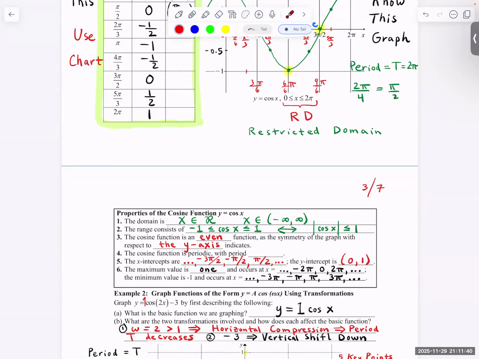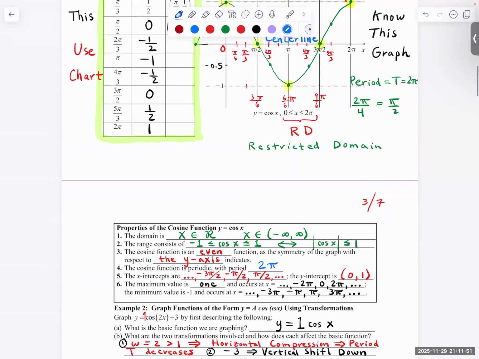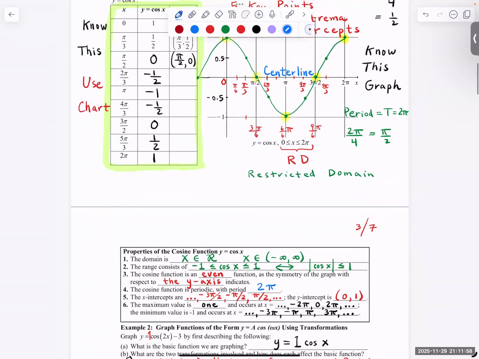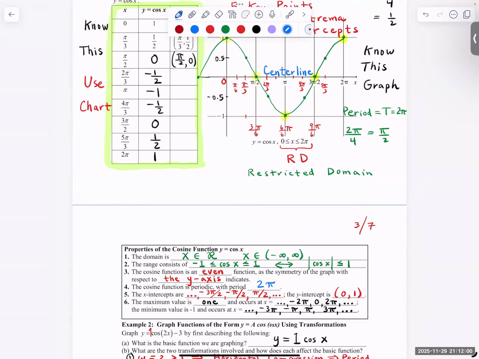4, the cosine function is periodic. Its value repeats every 2 pi radians, or every 360 degrees. The x-intercepts are where the graph crosses the x-axis, which occurs at pi over 2. And if you subtract pi, you get negative pi over 2.